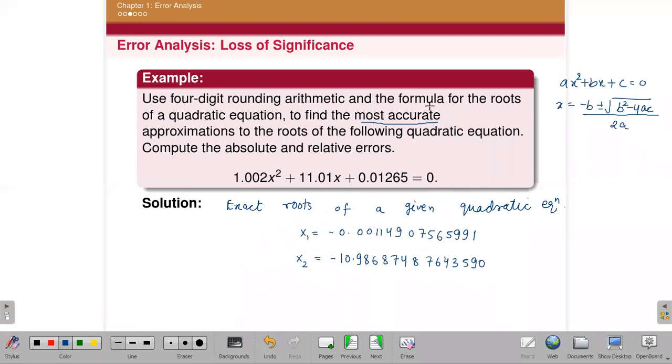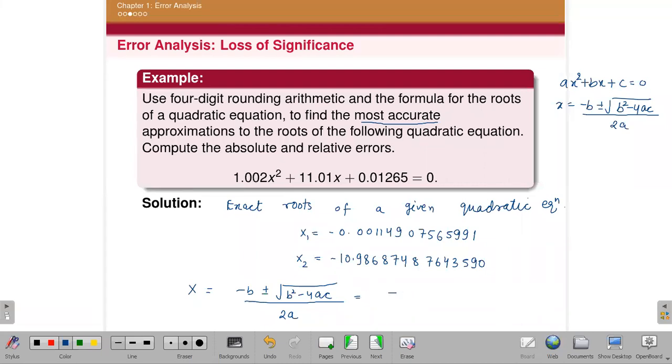So now I will use the formula to find the most accurate approximations. So x is minus b plus minus square root of b square minus 4ac, divided by 2a. Here you can see a is 1.002, b is 11.01, and c is 0.01265.